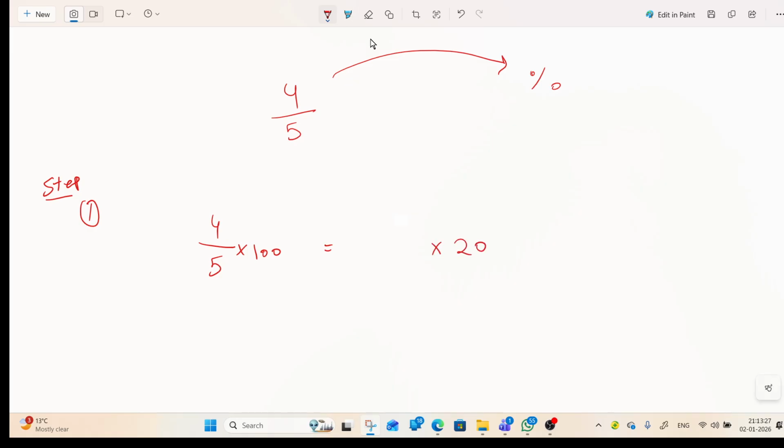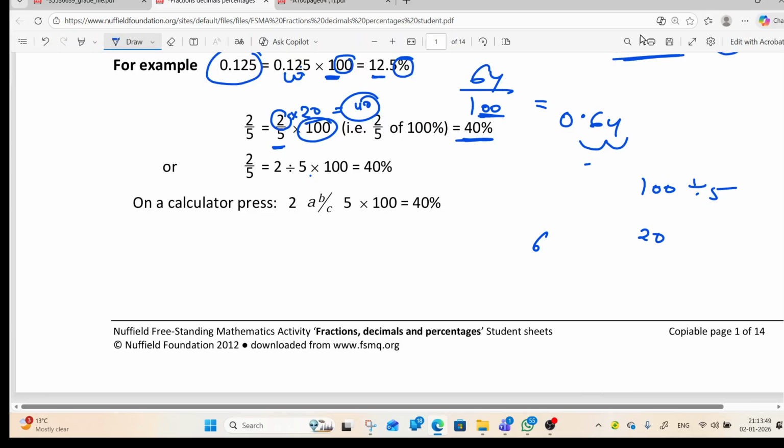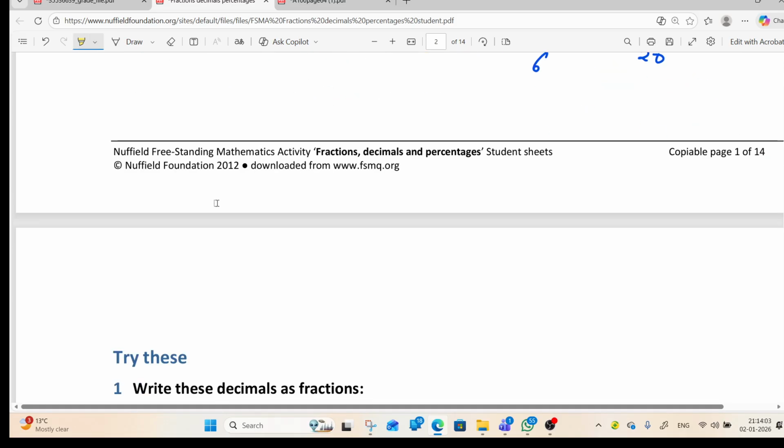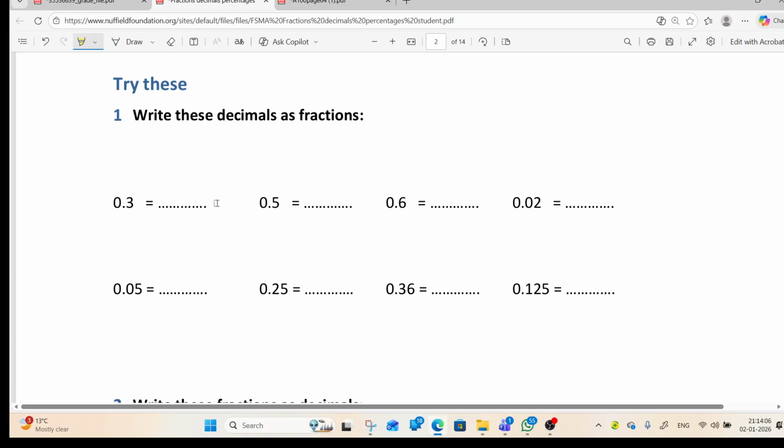Okay, then what do you do? 4 times 20, how much is that? 80. So the answer is 80%, right? That's how you convert a fraction into percentage, by multiplying it by 100. So for both of them, if you have to convert a decimal or a fraction into percentage, you need to multiply by 100, right?